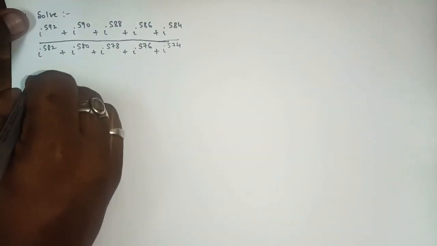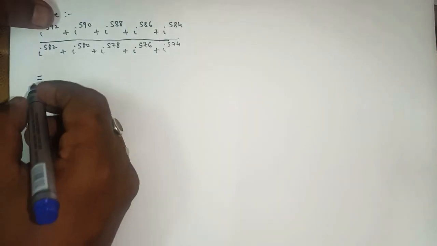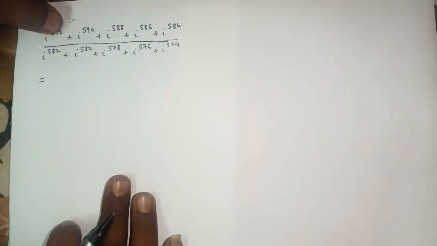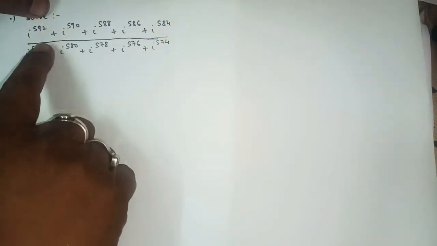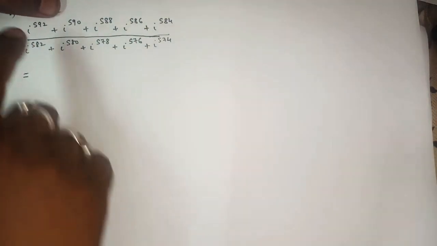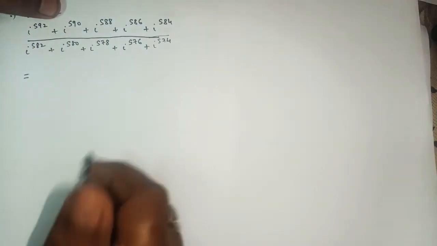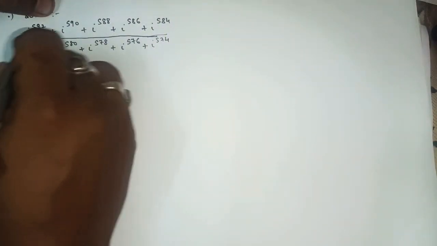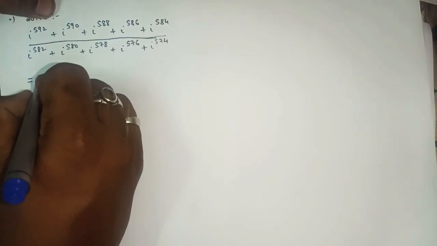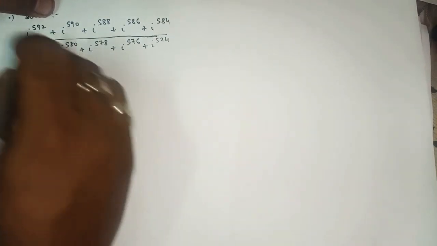Now, as we have to find the answer, here we'll write equal to. The technique is very simple. Instead of finding the individual values, as we just saw, there is a difference of 10 numbers. So I will take i raised to 10 common from the numerator.